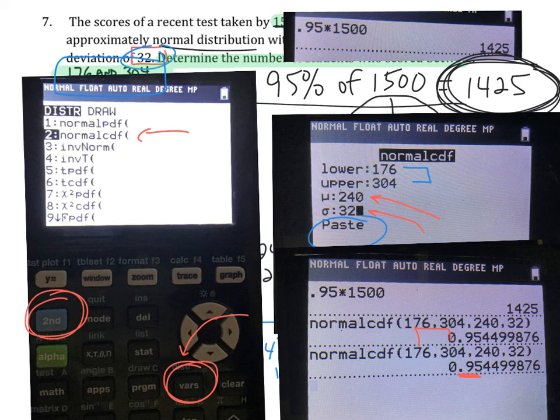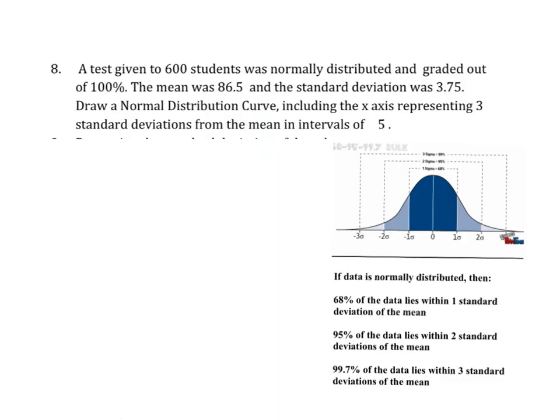It tells you about 95% of the students. So 95% of the 1,500 is 1,425. So if you can recognize a data set as being normally distributed, you can go to the distribution feature of the calculator, which is above the VARS button.